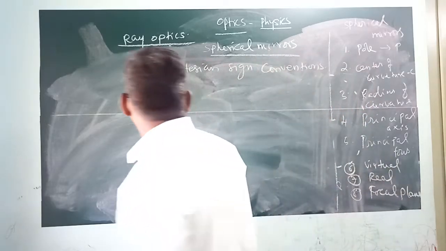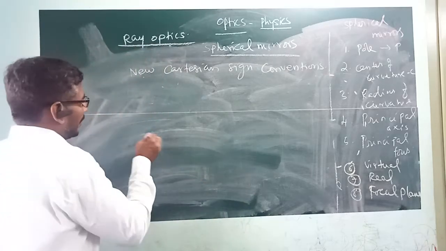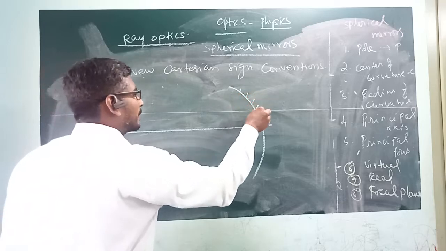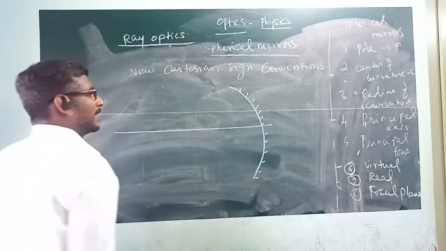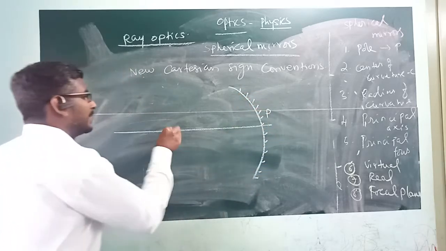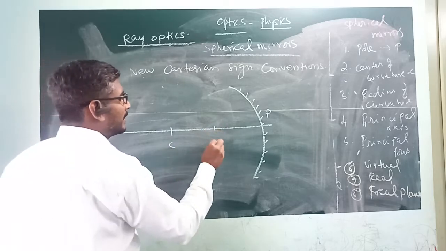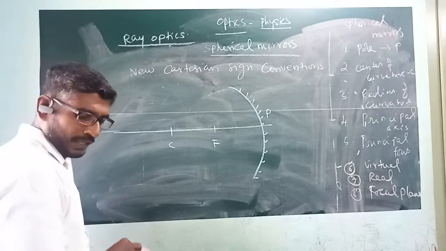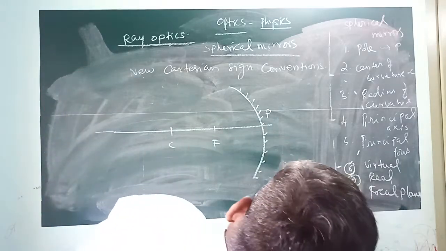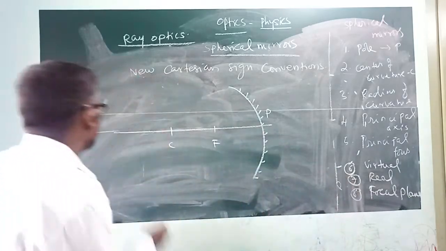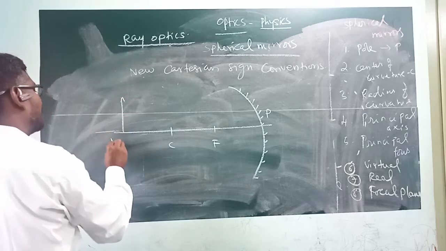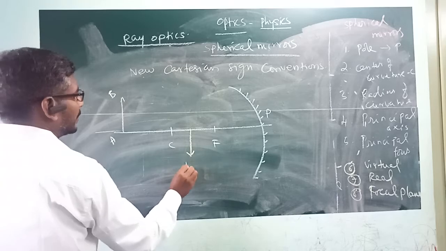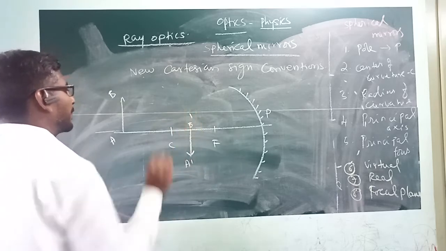This is a rule, the Cartesian rule for any spherical mirror. This is point P, this is the center of curvature, and this is your focus. Let us consider an object is kept at this place. This is your object AB, and the image is formed somewhere here. This is your A prime, B prime.